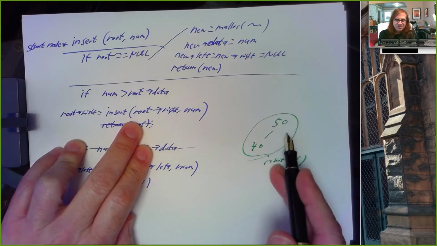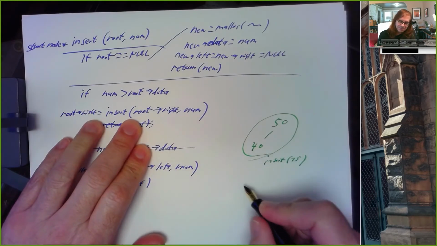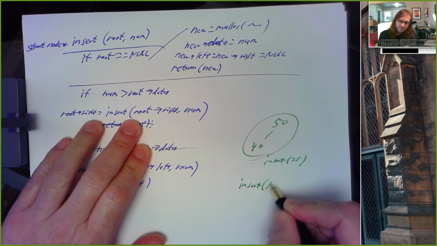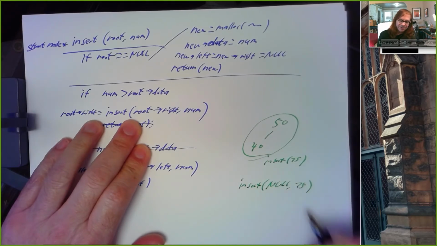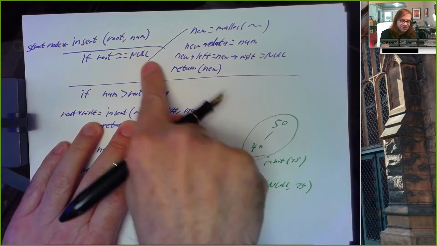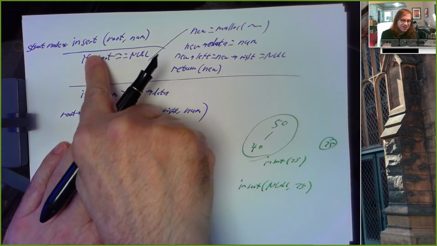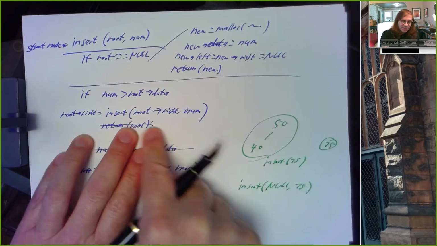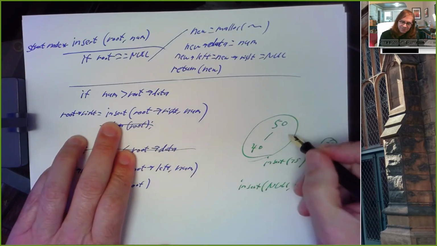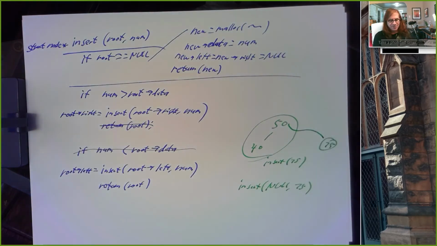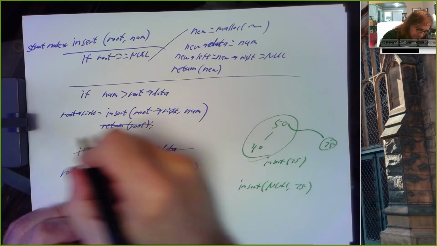Well, root right is null, so we're going to call insert with a null tree and a 75. And that's going to create a new node, 75, and return the value of that as the value of the insert function. And so in here, we'll set root right equal to 75. So that's what ties them together. And then when we're done, return the root.